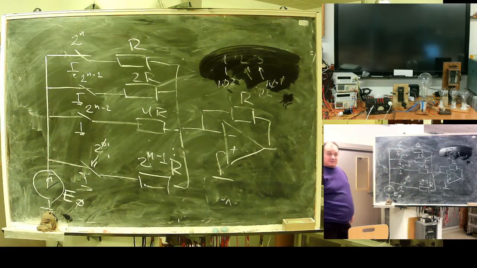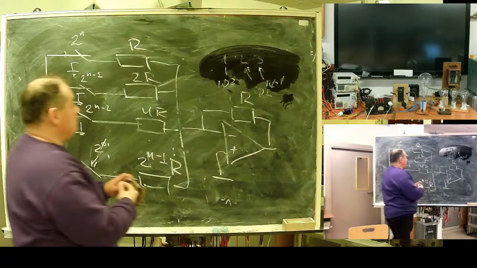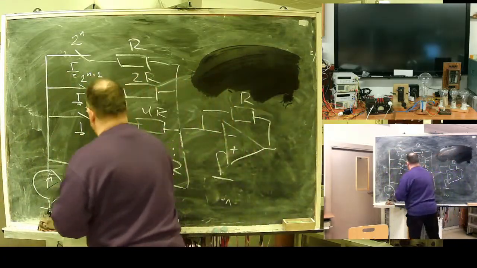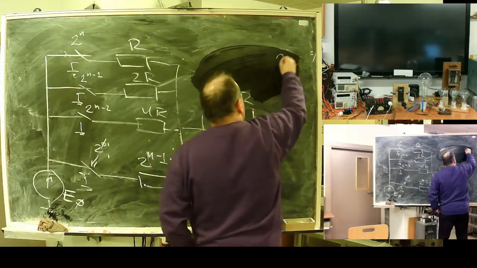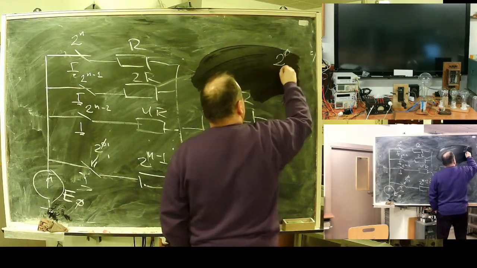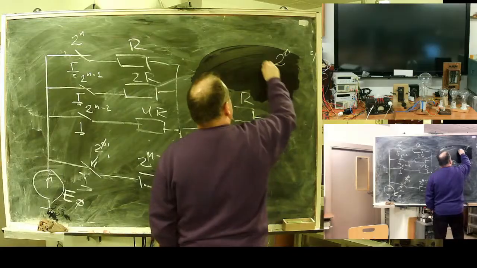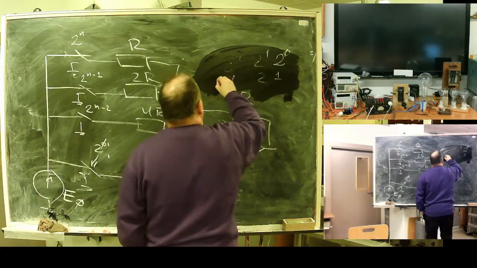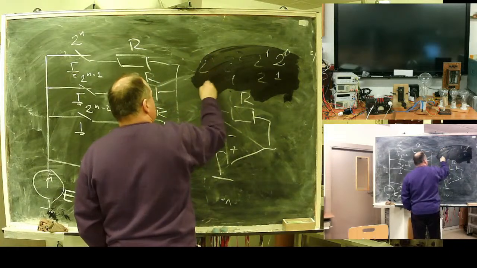Familiar? Binary number. Less significant by 2 power 0, it's unit. 2 power 1, it's 2, square, it's 4, 3, it's 8, and so on.